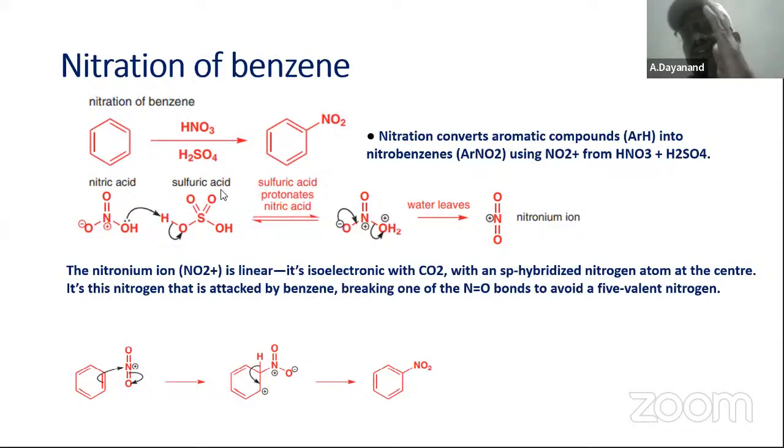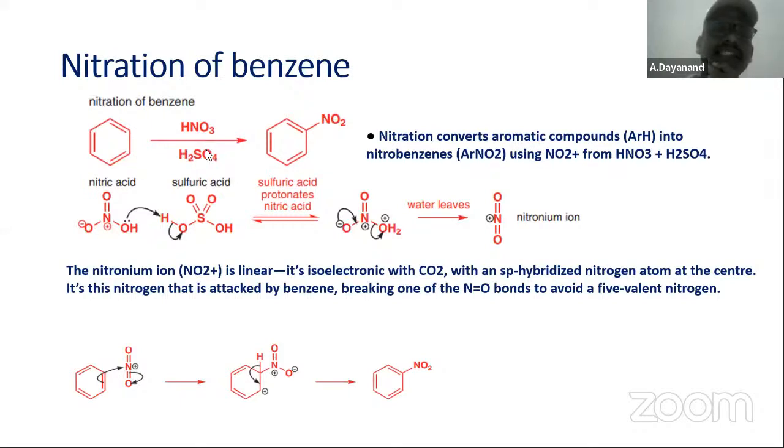We require an electrophile. What is an electrophile? An electrophile is greedy for electrons. It has more affinity for electrons. It is generally positively charged. Okay, there are some electrophiles which are neutral also, like CCl2, say dichlorocarbene. It is an electrophile.